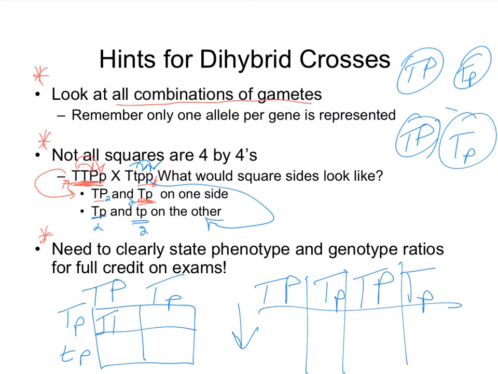So when you end up looking at the zygotes, you have only 4 possible zygotes that can be made from a cross where you have a homozygous for one gene, for the T gene here, and homozygous for the P gene here. Because you only have 2 possible gametes here, and there's only 2 possible gametes for the other parent. So you have 4 possible zygotes once you did the cross.